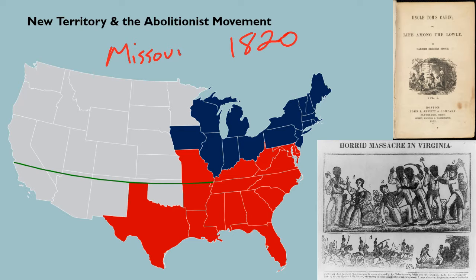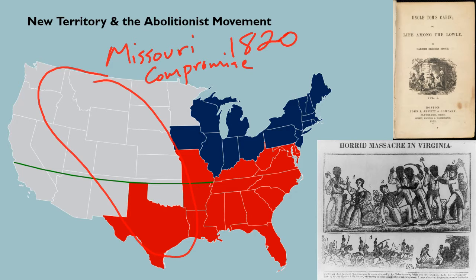The Missouri Compromise surrounded the fact that the United States now had all this new land as a result of the Louisiana Purchase. And the question was whether new states in this territory would be able to allow slavery or not. Would they be free states or slave states?